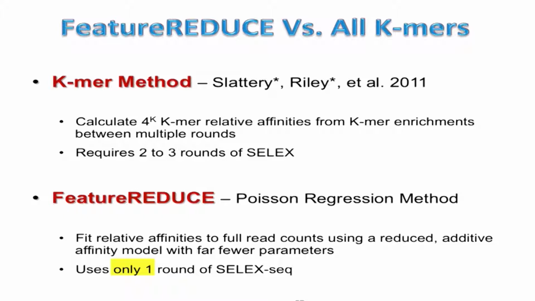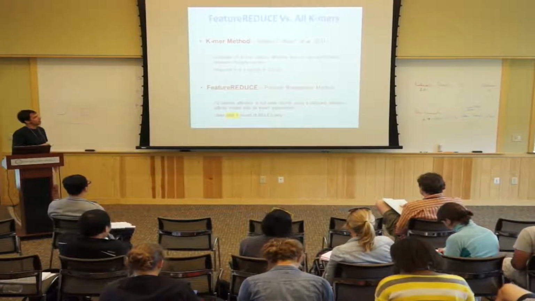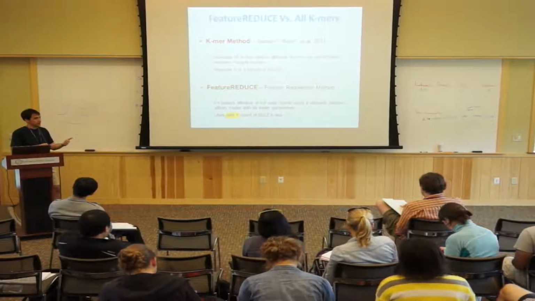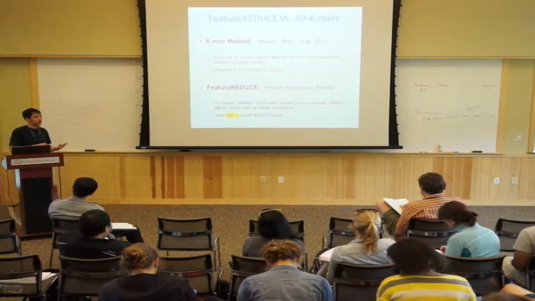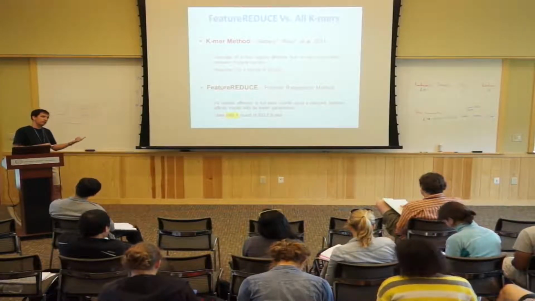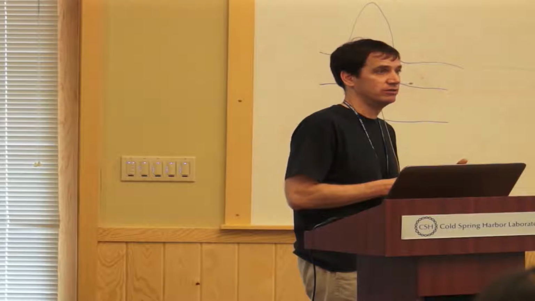And so that's a sort of technical thing. But what's really appealing for the biologists is that by using the Poisson regression method, you only have to do one round of SELEX-seq. So you save time and money, because sequencing is still pretty expensive. So we've implemented this, and now the question you have to ask, of course, is, can this method, which uses only one round of SELEX-seq, remember you get low counts from only round one, which we know from the prior slides is less precise because it has a lot more standard error.